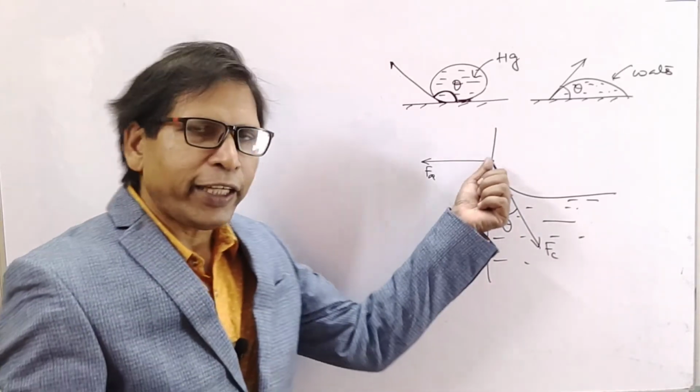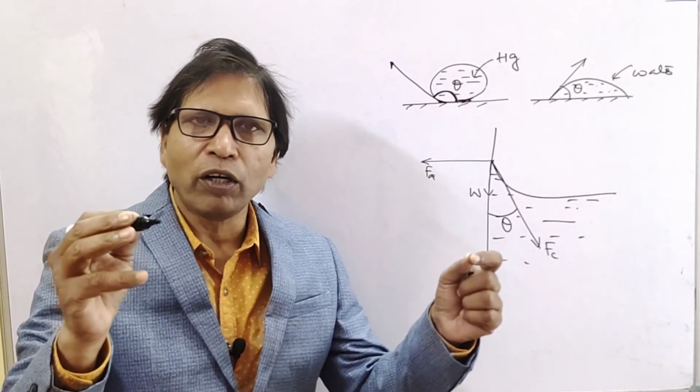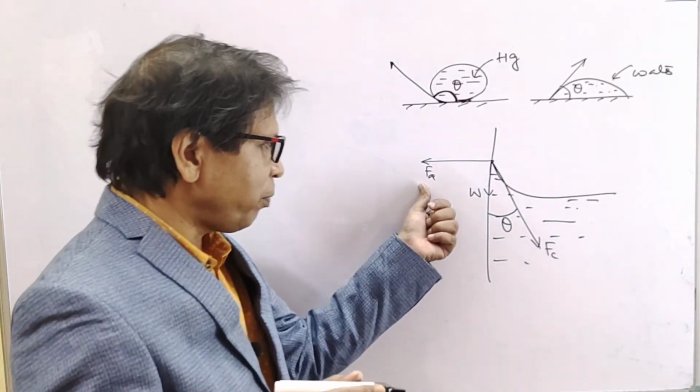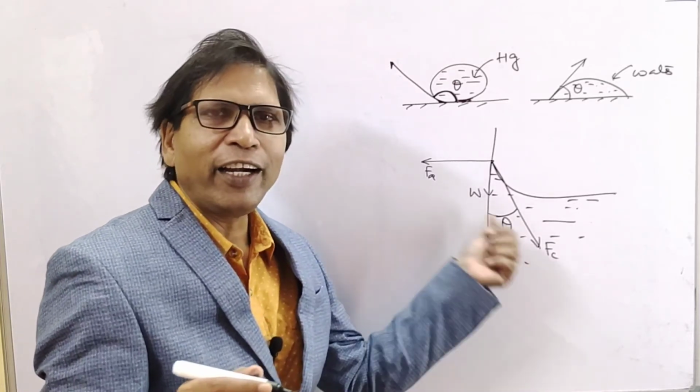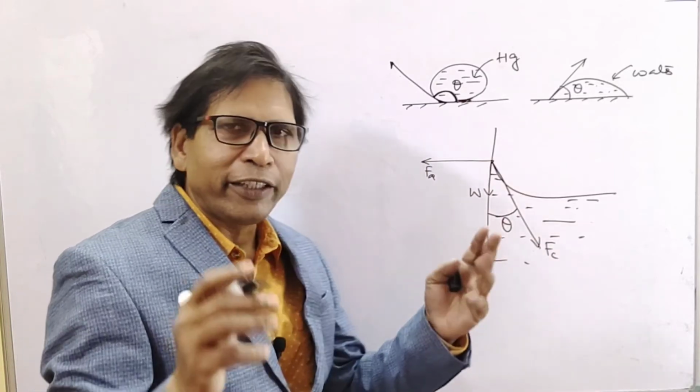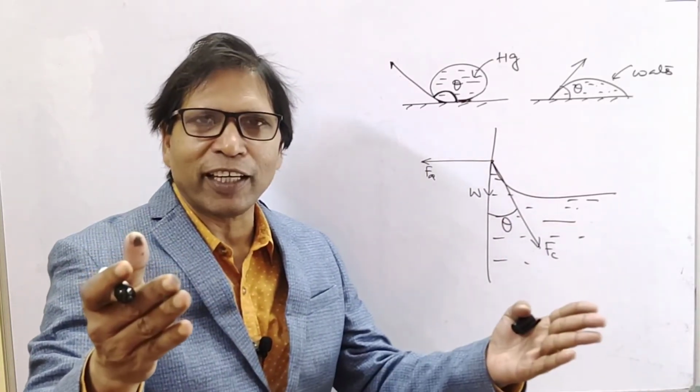So the forces acting on the liquid molecule in contact with the solid surface are Fa, Fc and W. The resultant of the three forces determines the nature of the meniscus.